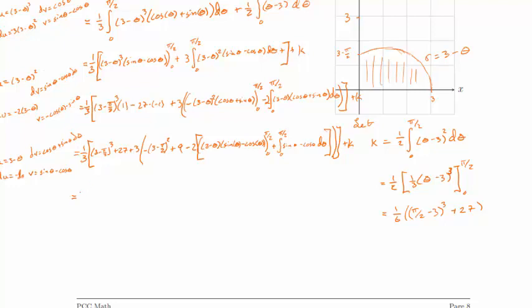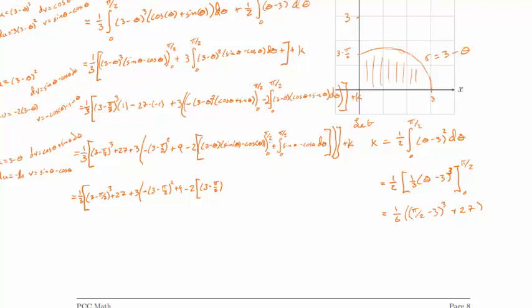Equals 1/3 times 3 minus pi over 2 cubed plus 27 plus 3 open parentheses. So we've got negative 3 minus pi over 2 squared plus 9 minus 2 bracket 3 minus pi over 2.